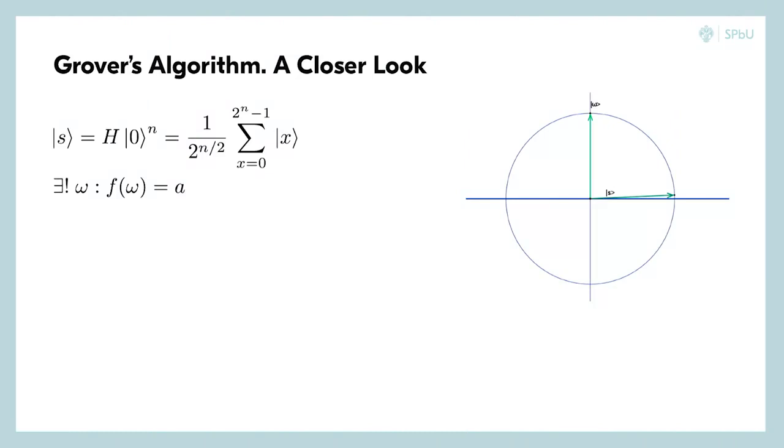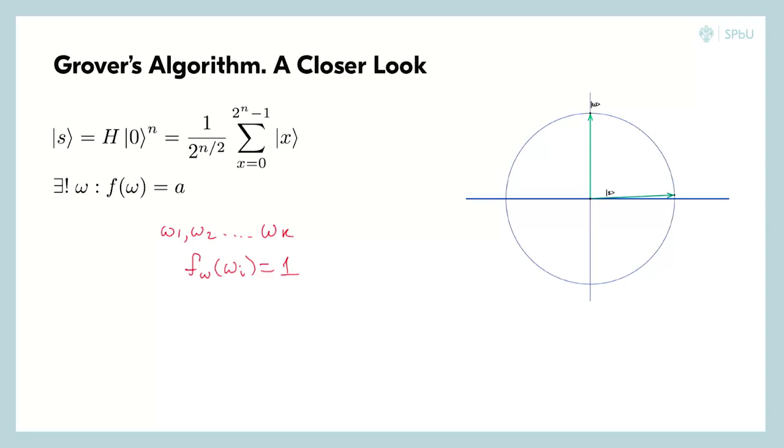The second possible question is, what if we have more than just one special point omega? What if we have, say, k points for which f of omega returns 1?